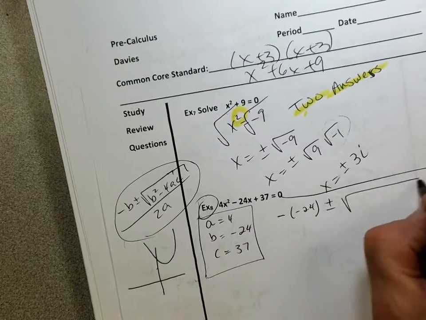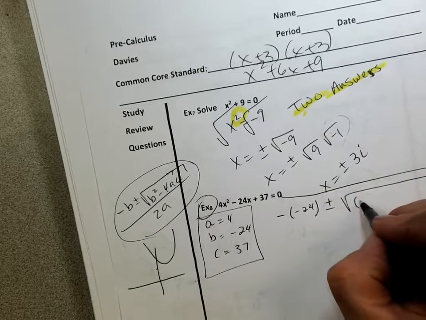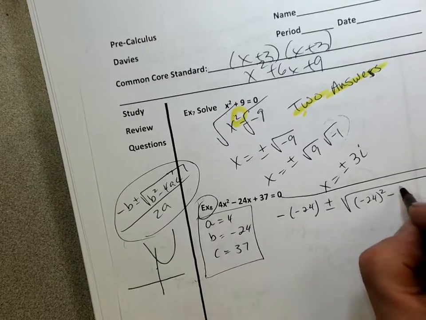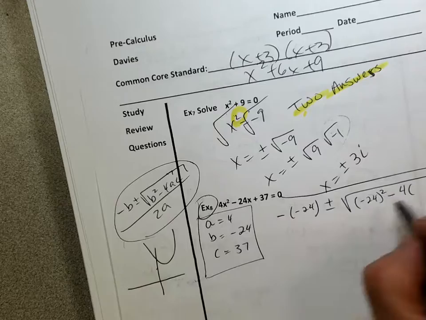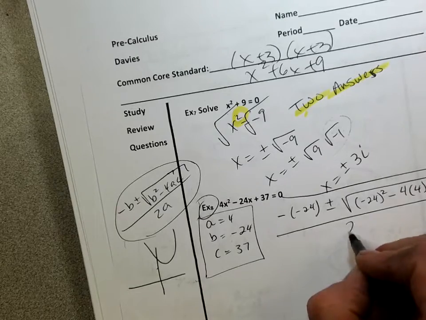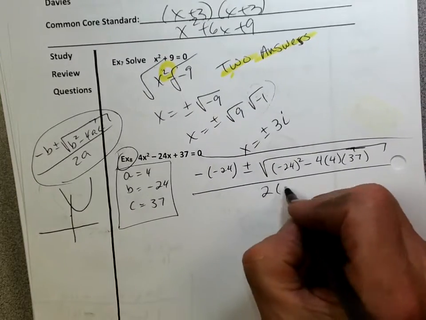Plus or minus the square root of b squared, which is a negative 24 squared, minus 4 times a, which is 4, times c, which is 37, all over 2 times a, and a is 4, okay?